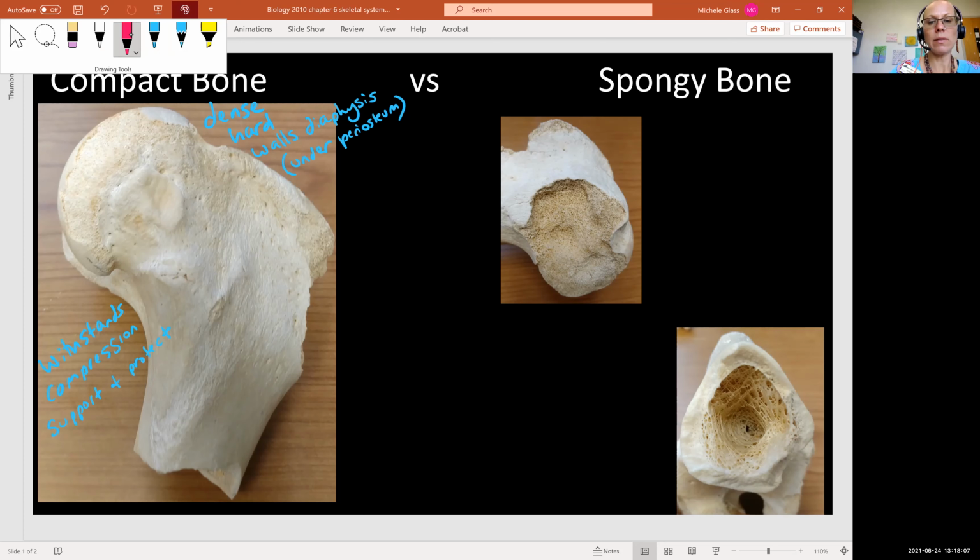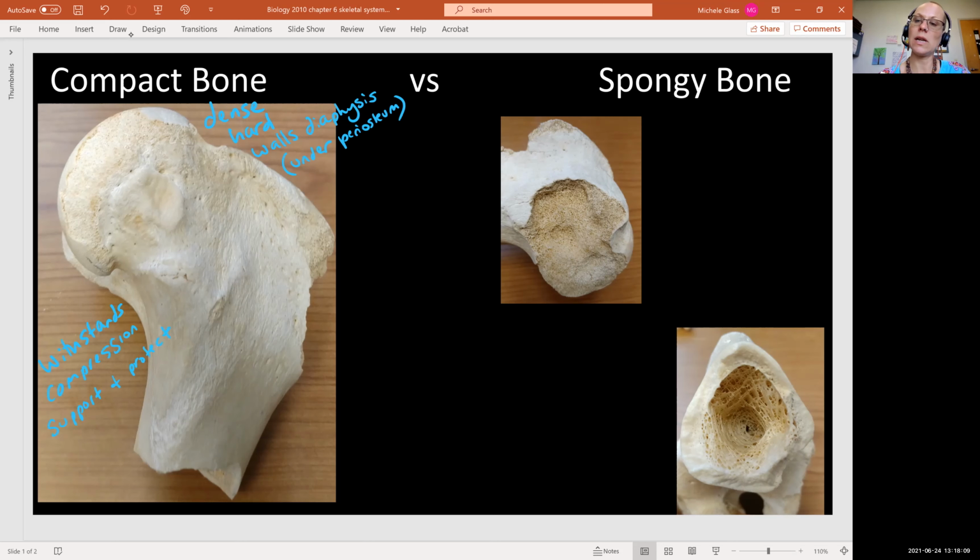When we look at the spongy bone, what we'll see is that there's going to be a lot of open spaces. We can see the spongy bone open spaces in these two pictures. So we're going to see it in the ends of the bone, which are called epiphyses. That's the plural form.